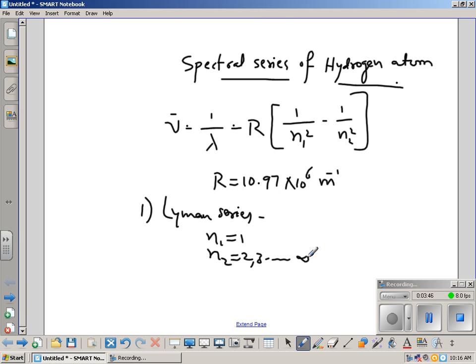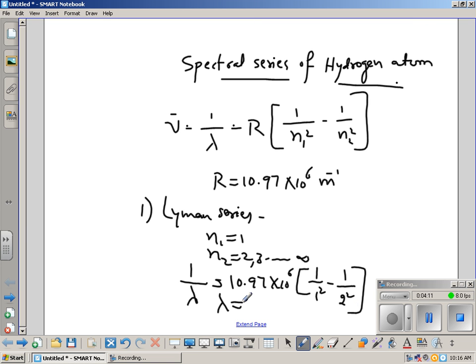So let us take the wavelength for the first spectral line. You know that 1 by lambda is equal to 10.97 into 10 to the power of 6 into 1 by 1 square minus 1 by 2 square for the first line. What value will you get here?